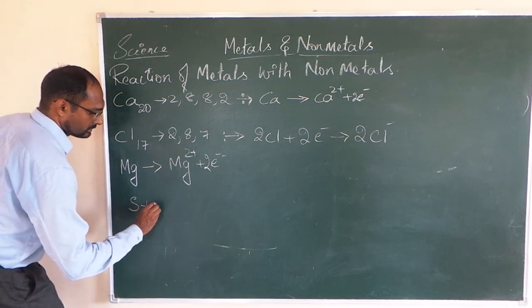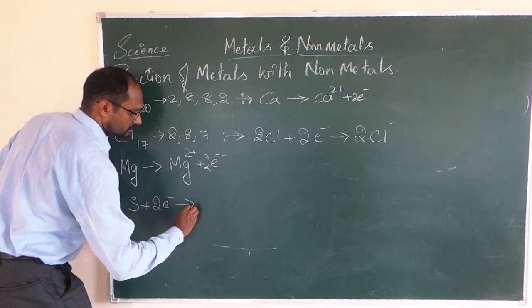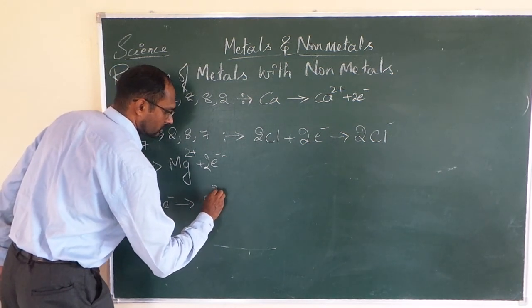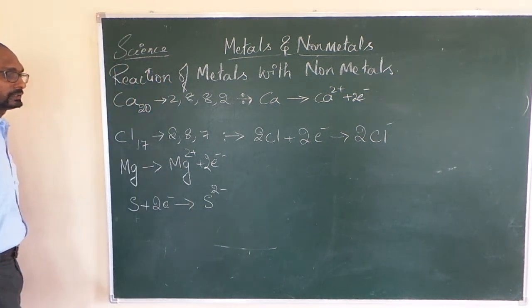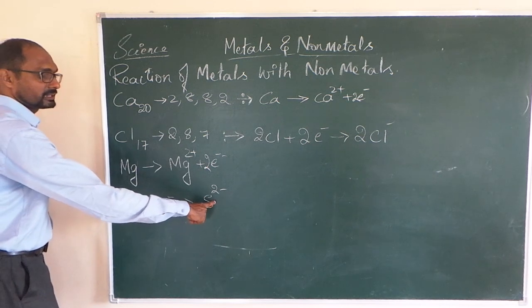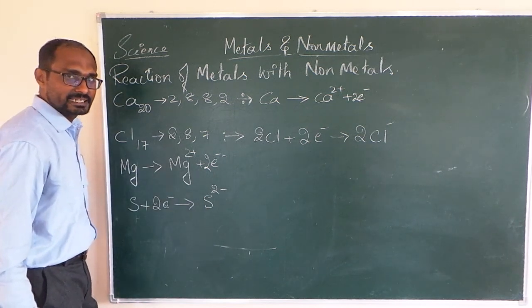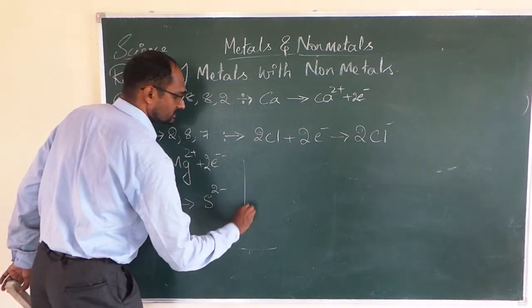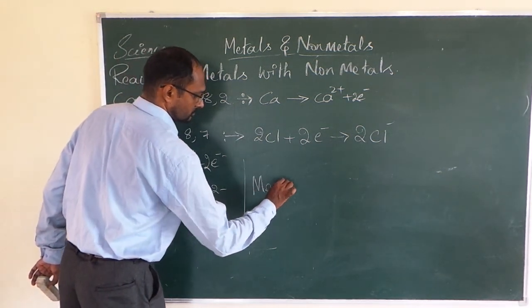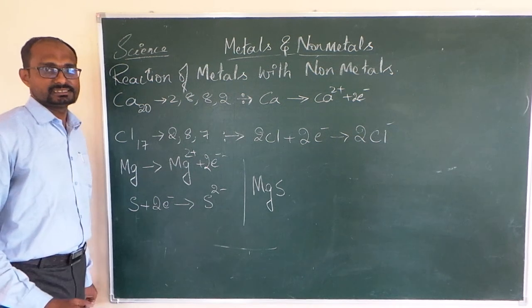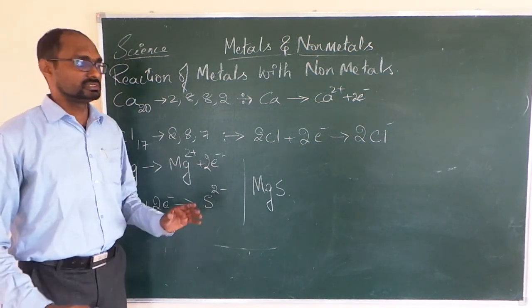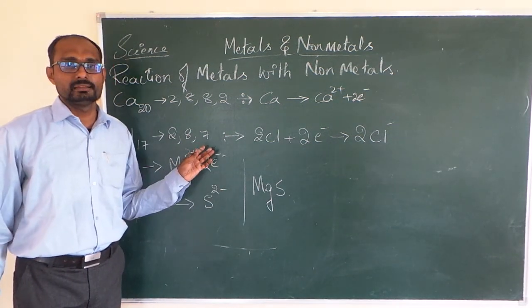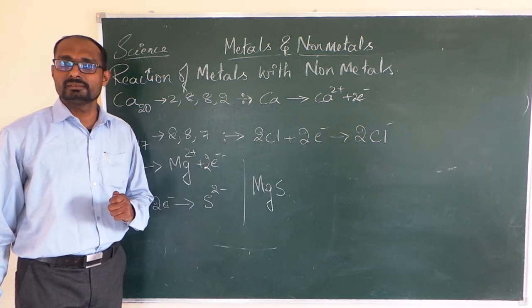Sulfur gains 2 electrons to give S2- ion. So this magnesium will combine with sulfide ion to form magnesium sulfide, which is MgS. Okay, so this is how a metal reacts with a non-metal.